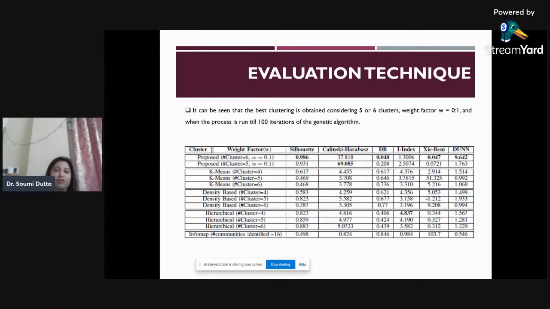Nowadays everybody is adding machine learning and deep learning in their work. So don't only use the conventional classifiers and clusterers; think about how you can use some sort of evolutionary approach and correlate it with your machine learning work. This is one of the applications.